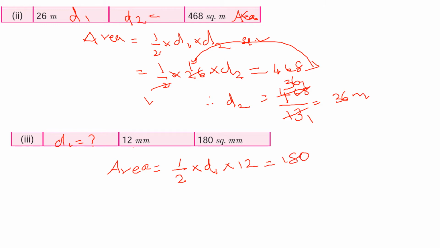So here also you cancel it, 1 2 is 2, 6 2s are 12. So d1 equal to 180 by 6. Cancel it, 1 6 is 6, 3 6s are 18, 0. So 30 millimeter.